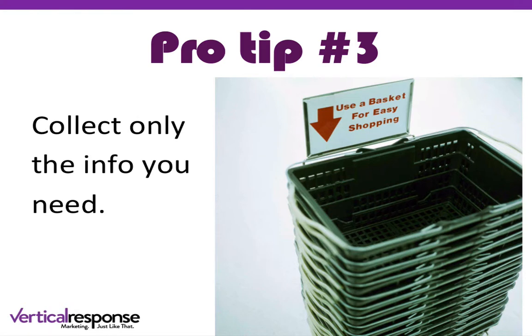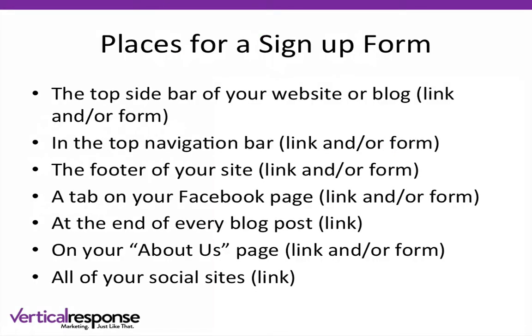You can have them fill out a survey or fill out a sign-up form again with additional information. But at the first go, you want to make this really easy and really painless for people to be added to your list. So only collect the data that you need and save the rest for later.